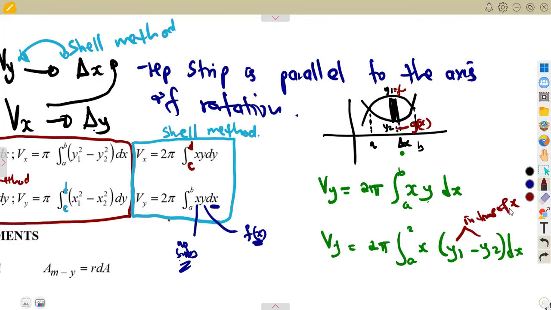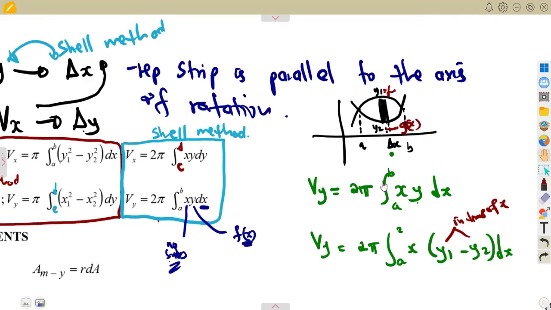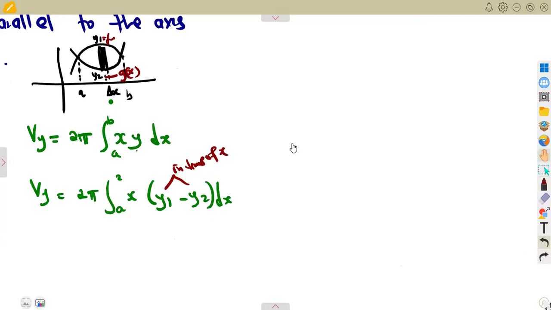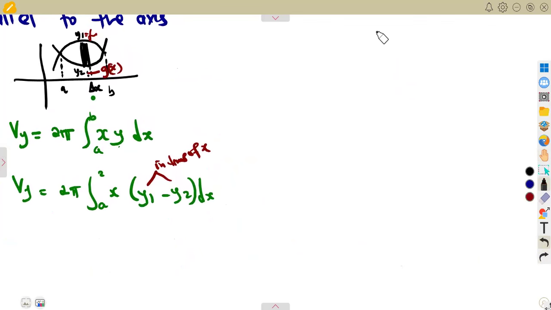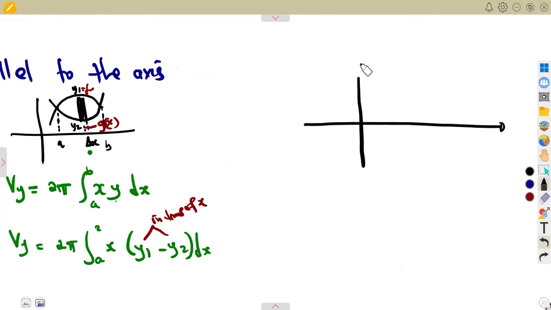No, it's just y1 minus y2. So it is the same thing even if the curve was given like this. So guys, I can't represent all of these conditions, but if you just take the idea of those formulas, you can answer any question. So it is the same thing.